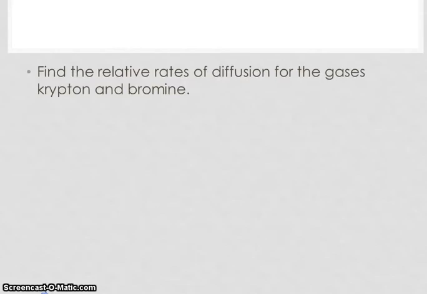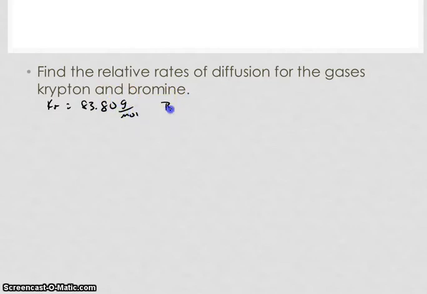So here's an example. Find the relative rates of diffusion for the gases krypton and bromine. Now we're not actually finding their rates, we're just finding their relative rates. So we're going to look up krypton on the periodic table, and it's going to tell us that the molar mass is 83.80 grams per mole.